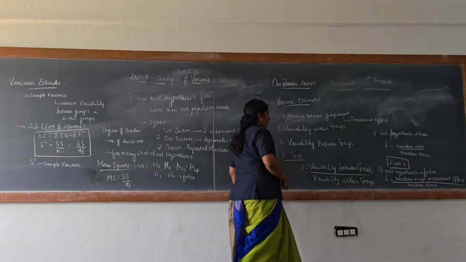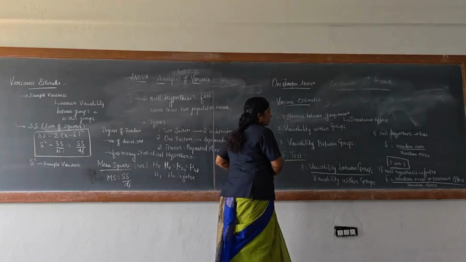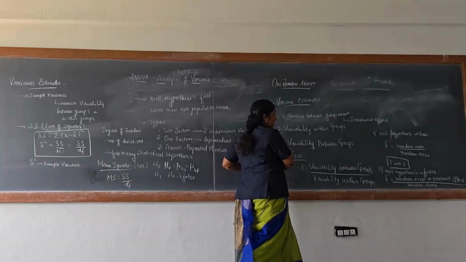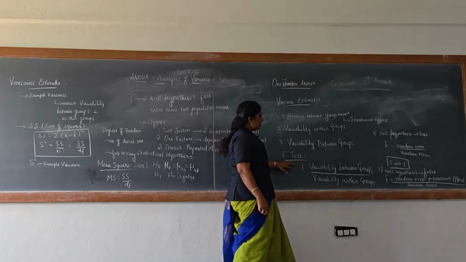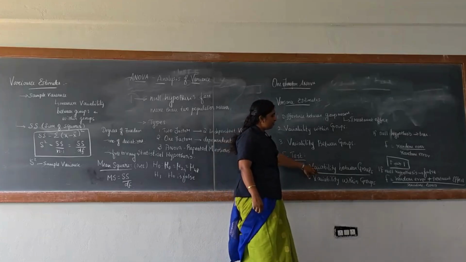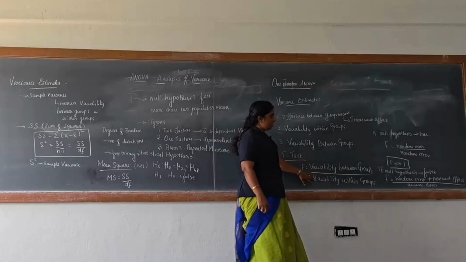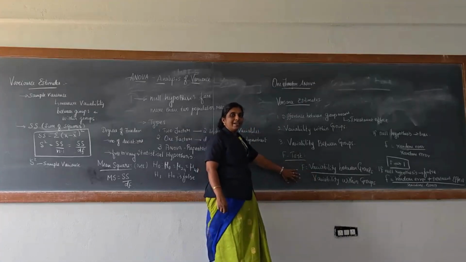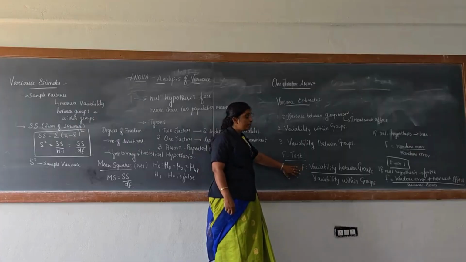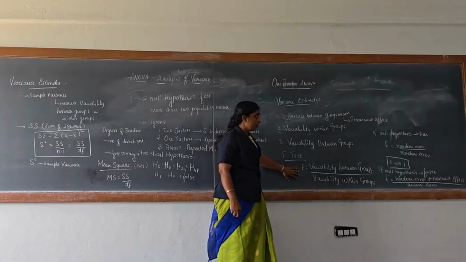In this process we are calculating the F test. For one factor ANOVA, F is calculated as a ratio of the variability between groups to the variability within groups. The F test is calculated based on the random error and also on the statistical hypothesis.